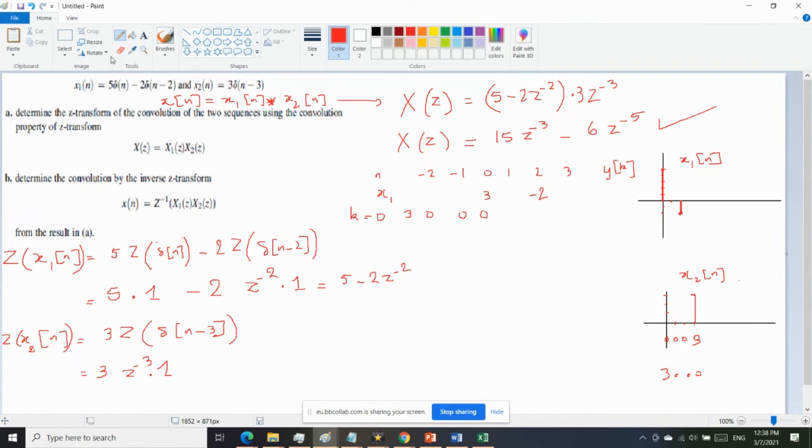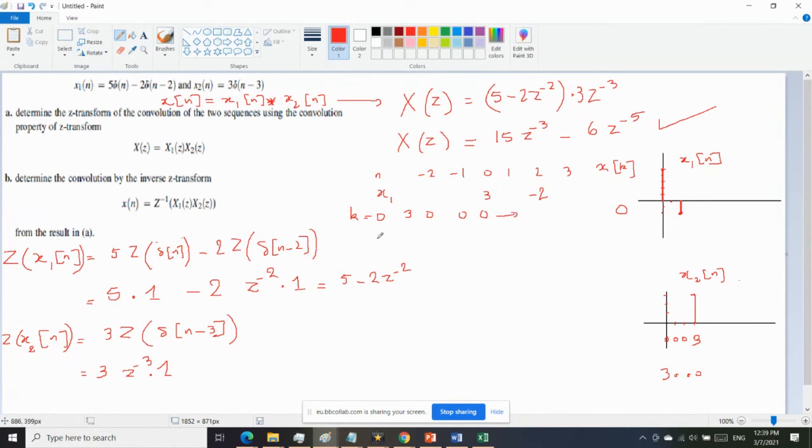Well, no, call it x. I have x1 and x2, x. So at k is 0 it will be 0, and then we keep moving this one to this side.